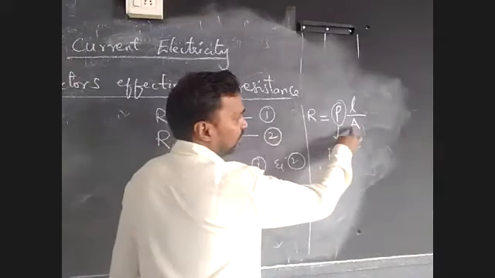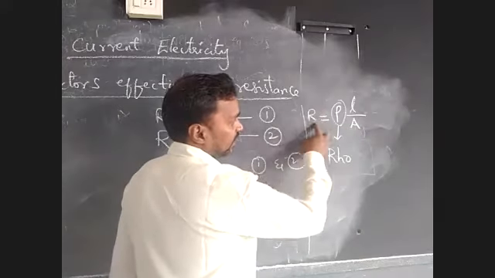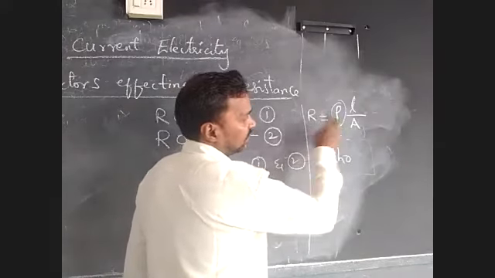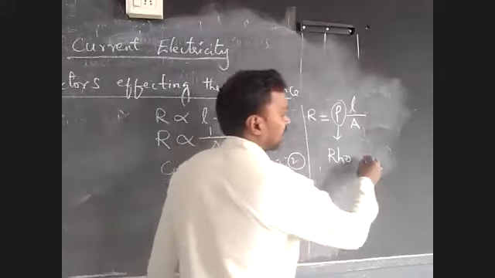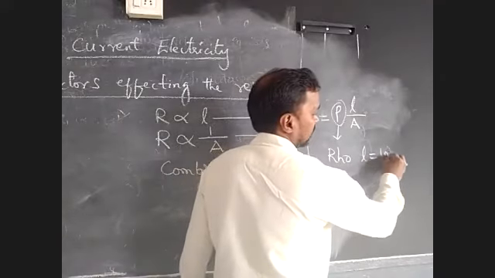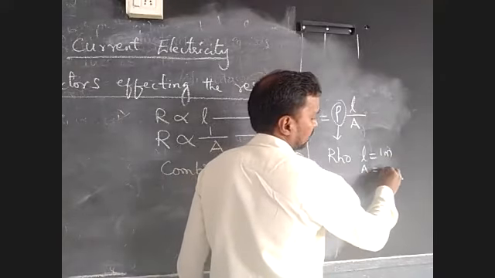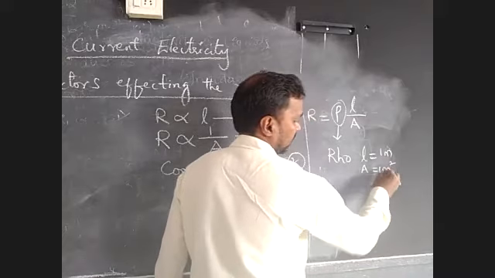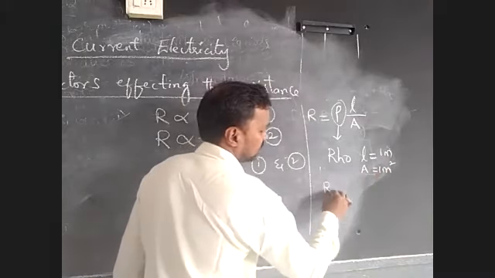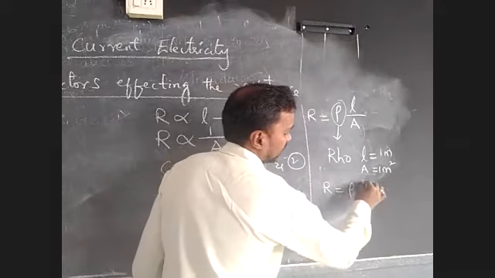What happens when R is equal to this electrical resistivity? If the length of the conductor is 1 meter and the area of cross section of the conductor is 1 meter square, then R is equal to rho into 1 by 1.